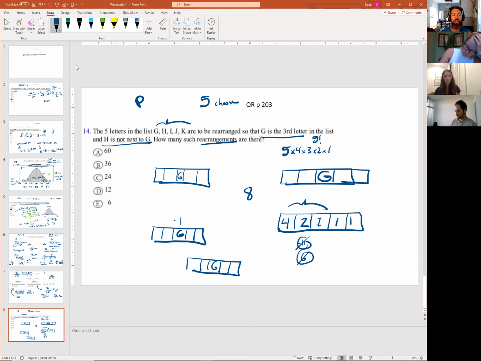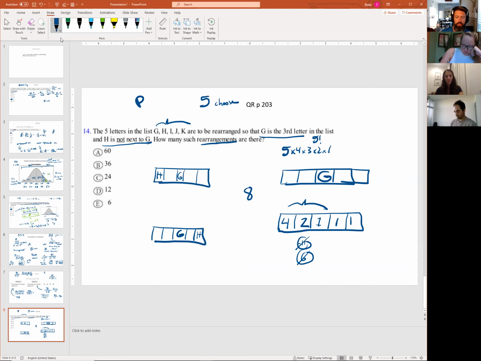Okay, so we've got G in our third spot here. And where are all the places where H can go? If H is not next to G, where can H go? H can go here, right? H can go here. And that's it, right?